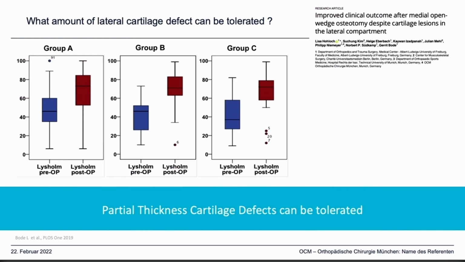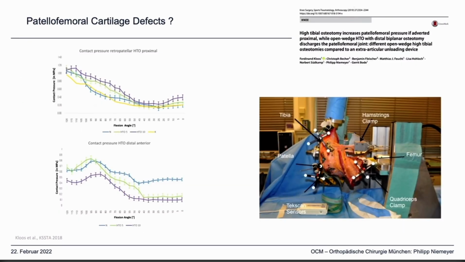We in our group actually considered these full thickness defects on the lateral side always a contraindication, but what we accepted was partial thickness defects, and we followed up these patients in this study, which has been published 2 years ago, and we did not find a difference in terms of clinical outcome in these patients suffering from partial thickness defects on the lateral side. I personally consider the integrity of the meniscus more important than partial thickness defect on the lateral side.